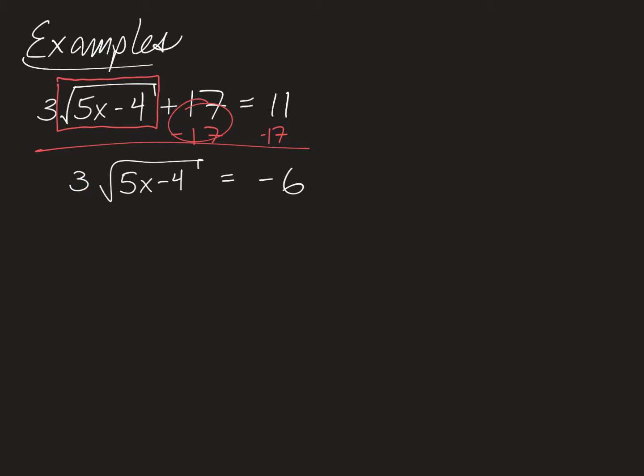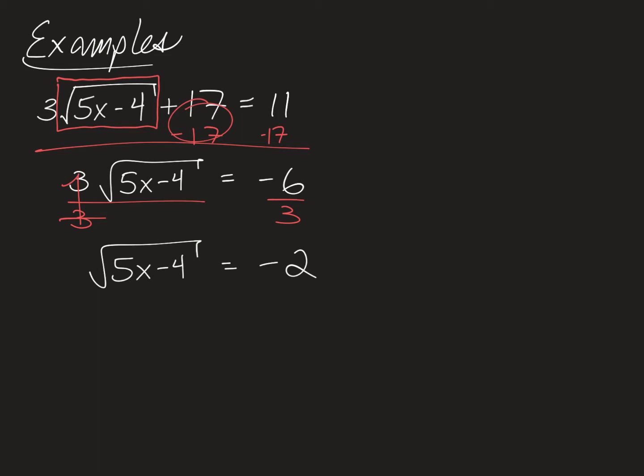So the next step here would be to divide by 3. Once we divide by 3, then we can see the radical will be isolated. The square root of 5x minus 4 equals negative 2.